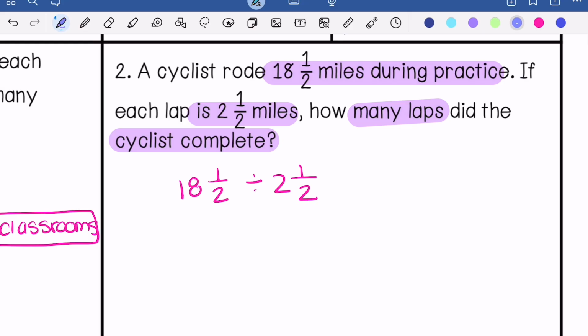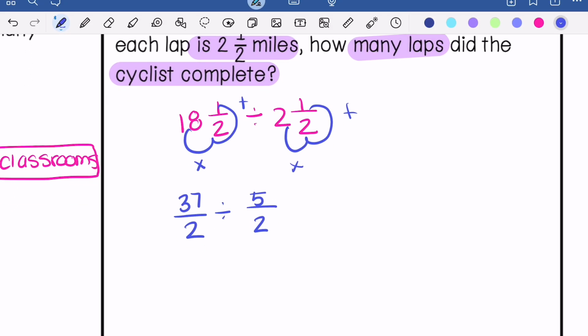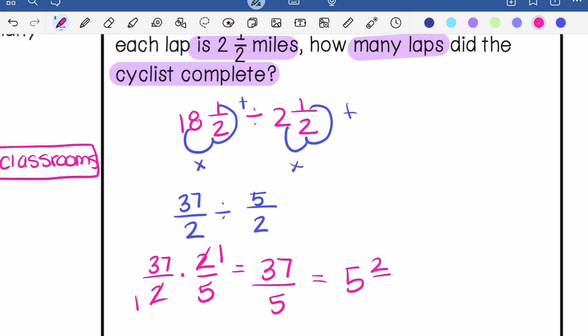Gonna convert both of these. Keep, change, flip. So 5 and 2/5 laps.